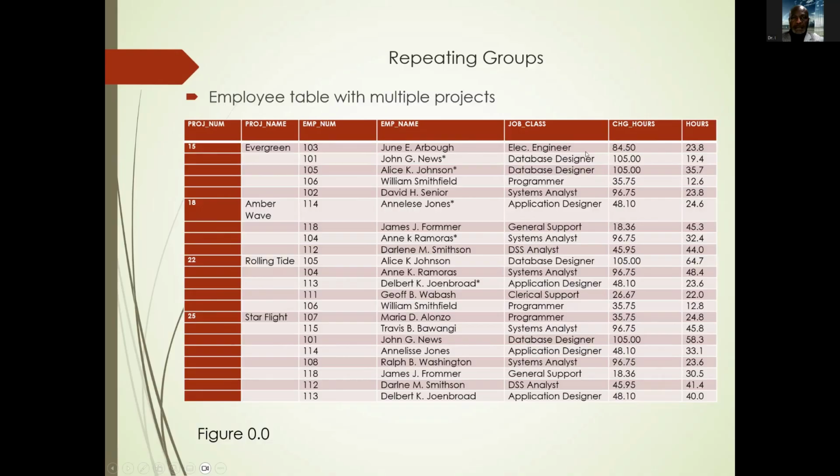With 4.50, the hours is 23.8. When you look at this, you know this is project number 15. The project name is Evergreen, and all of these people have the project name Evergreen, right?